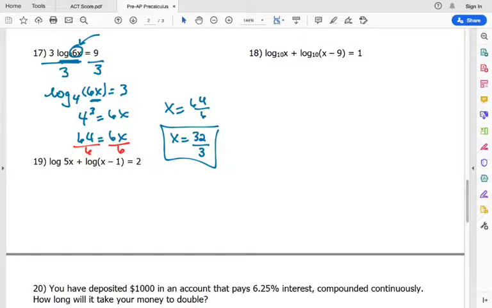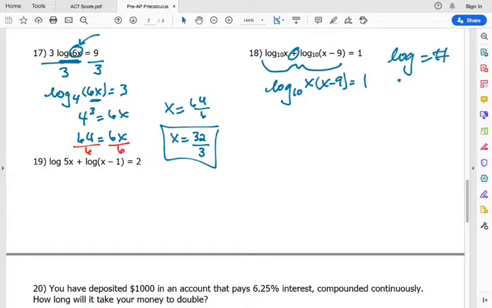Okay, number 18, I need to combine these to be one log. And because of this adding right here, you can combine those arguments by multiplying them. So log base 10 of x times (x minus 9) equals 1. Now that I've got one log equal to a number, I can convert to an exponential function.